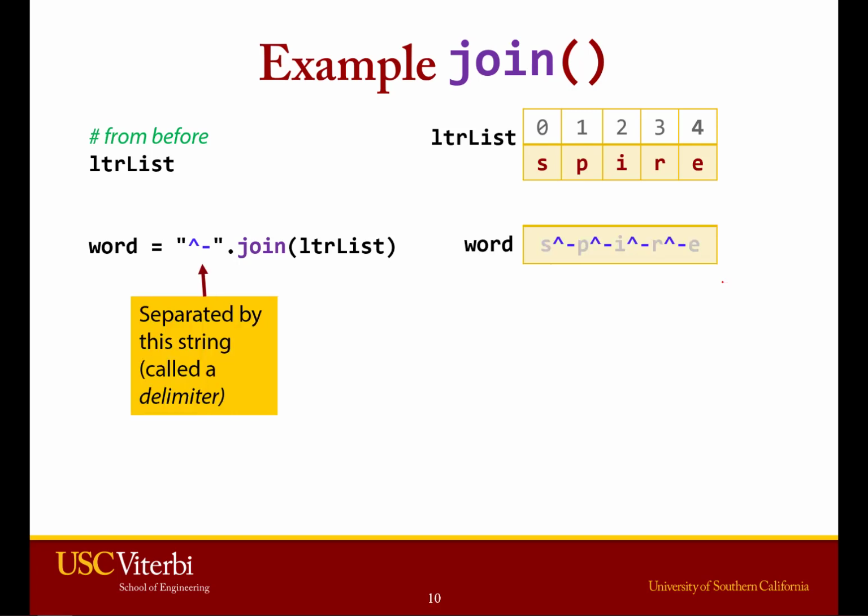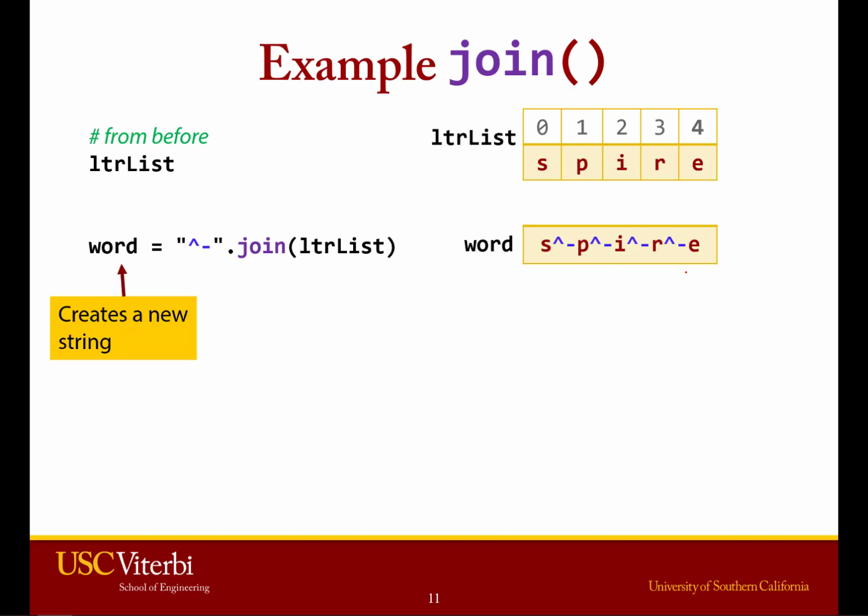In this case, we chose the delimiter to be a caret and a dash. So you'll see between every letter, we have this caret and a dash. And so your final result is S caret dash, P caret dash, I caret dash, R caret dash, E. So this is what it looks like to take a list of strings and convert it into a straight string.